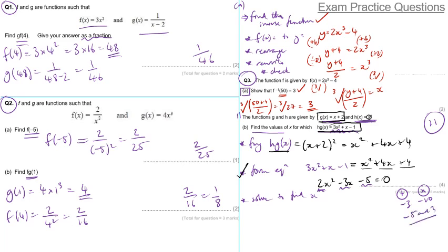So remember how this works. We keep the 2x squared term as it is, but we're going to split this take away 3x into take away 5x plus 2x, and we've still got this take away 5 on the end.